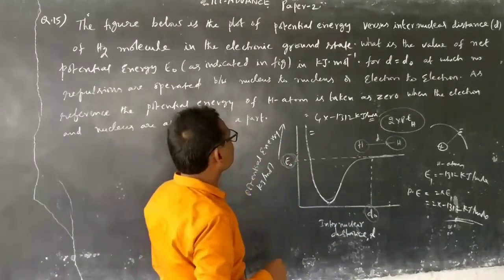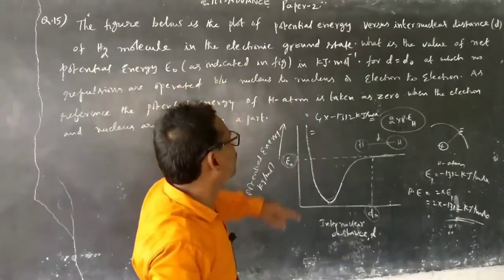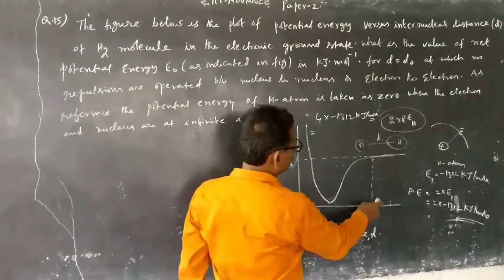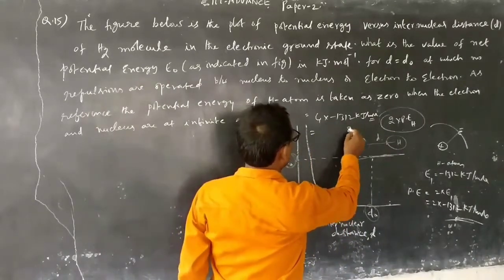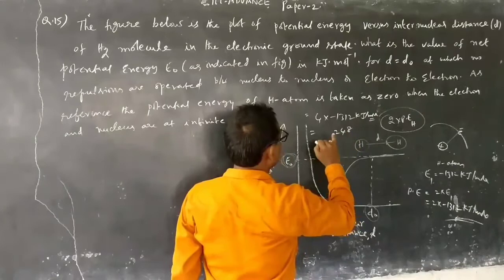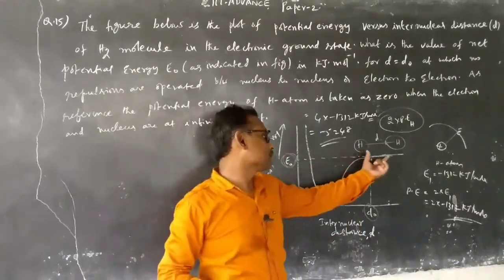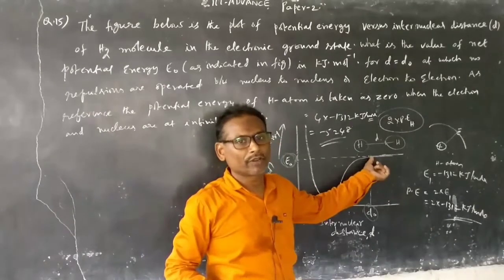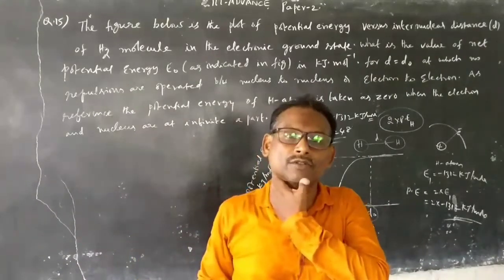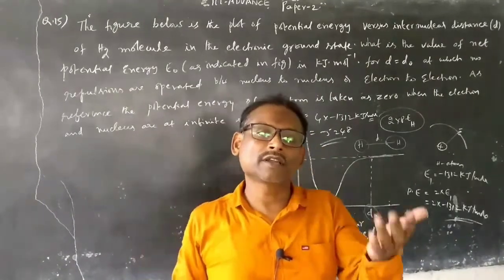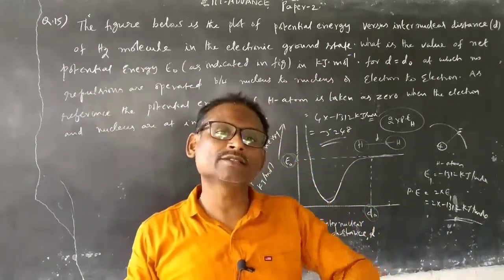What is the value of net potential energy as indicated in the figure when the distance between the two atoms is d0? This is the potential energy for the system of two hydrogen atoms at this distance. It is just a calculation of the potential energy for an individual hydrogen atom, but there are two hydrogen atoms, that's why we take 2 into the potential energy of an individual hydrogen atom, where the electron is considered in its ground state.